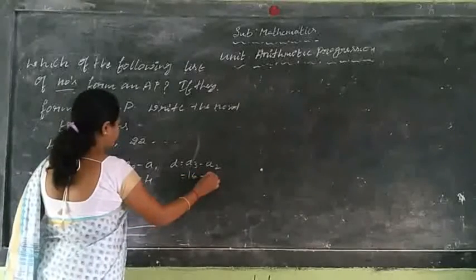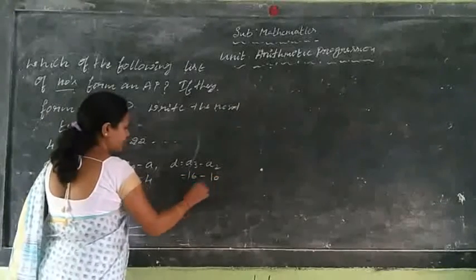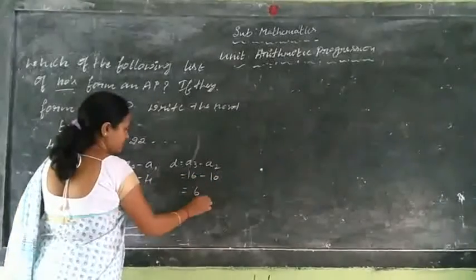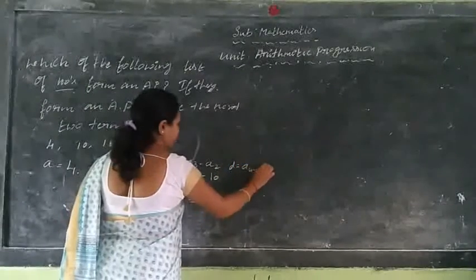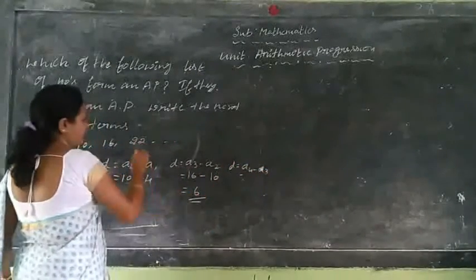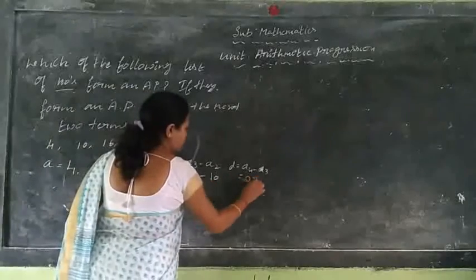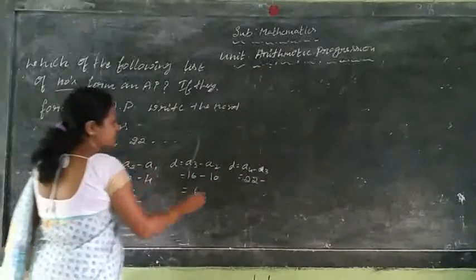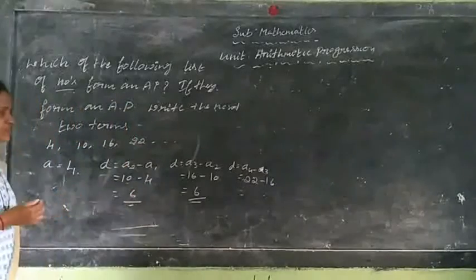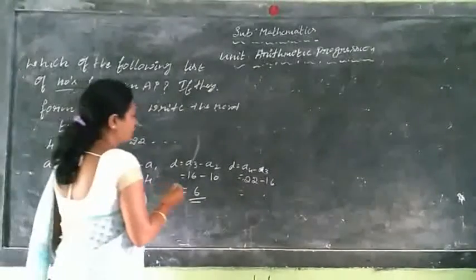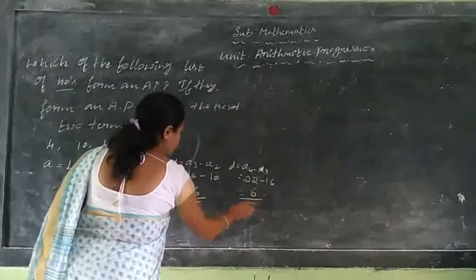16 minus A2 is 10. 16 minus 10 is, children, 6. Next, D is equal to A4 minus A3. A4 is 22. A3 is 16. 22 minus 16. What do you get, 22 minus 16? 6. Yes.